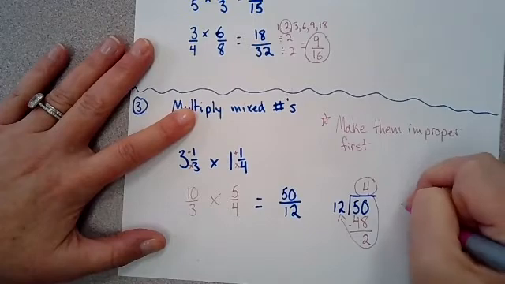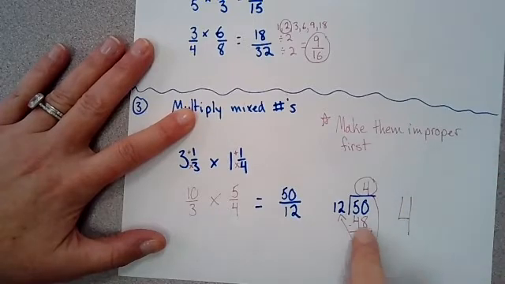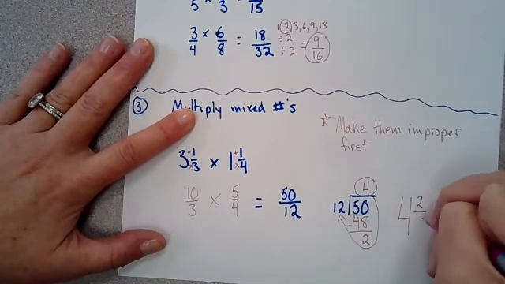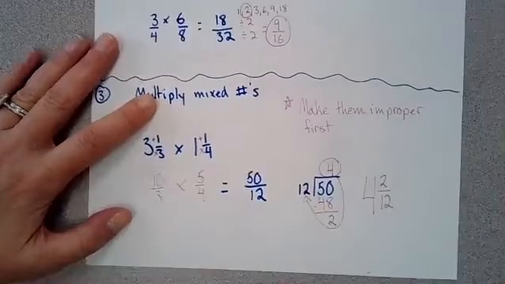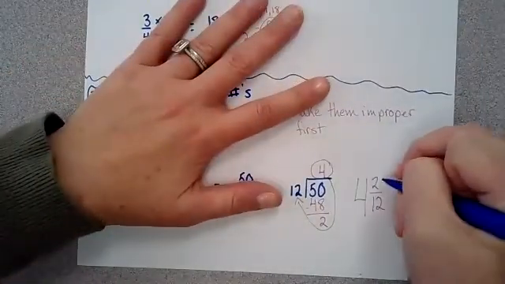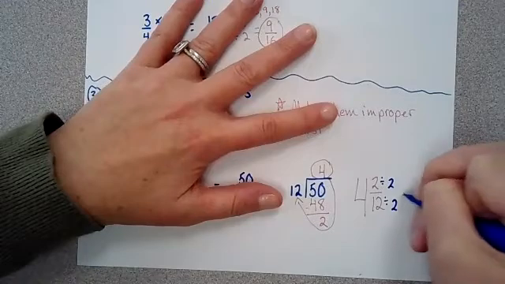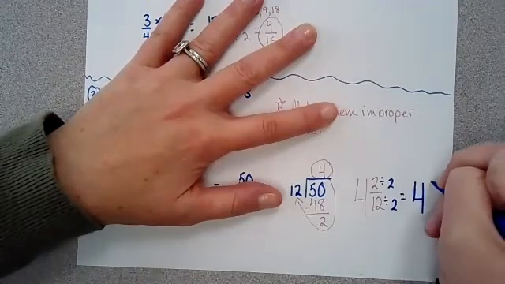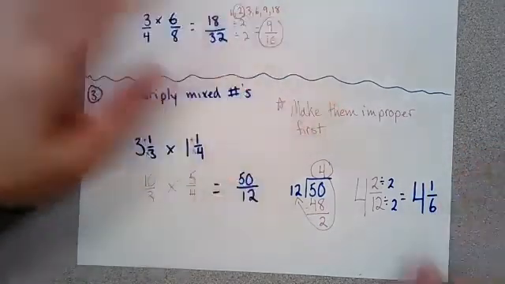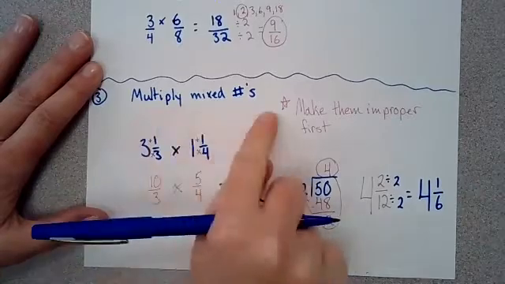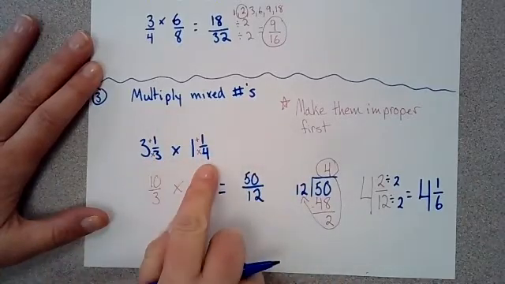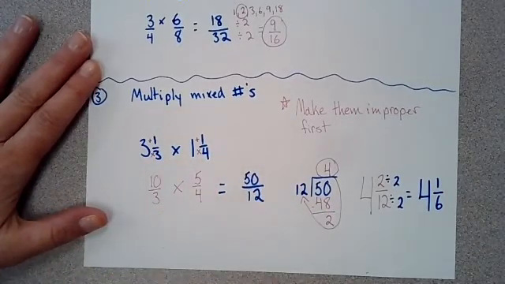So that is 4 for your whole number and 2 out of 12. Miss Ross, can I simplify 2/12? Yes, you can. You can divide the top and the bottom by 2 and get 4 1/6. Okay? So when you are multiplying mixed numbers, you have to turn them improper before you can multiply.